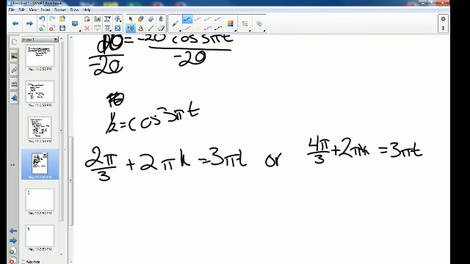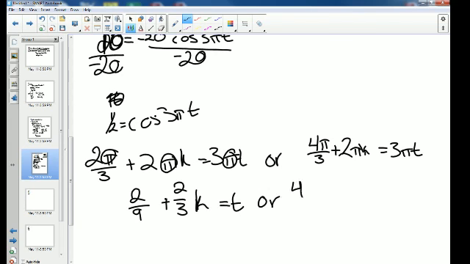So you're going to have 2 over 9 plus 2 over 3 k equals t. Got rid of pi. Or 4 over 9 plus 2/3 k, still where k is an integer.